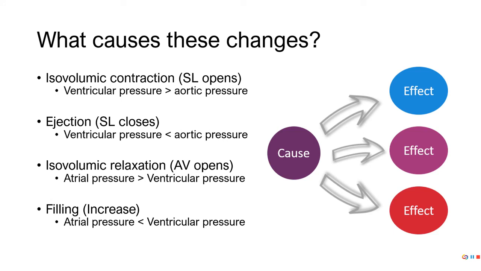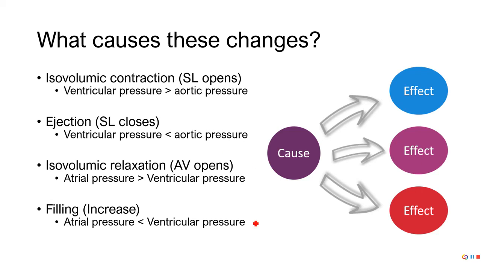This valve does not open due to atrial contraction. It's opening because the atria are constantly filling with blood, so we're increasing the pressure. There's nothing to prevent blood flow into the ventricle. And then during filling, at the end of that, the AV valve closes because atrial pressure falls below ventricular pressure.